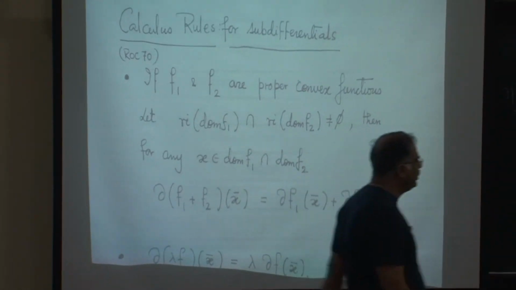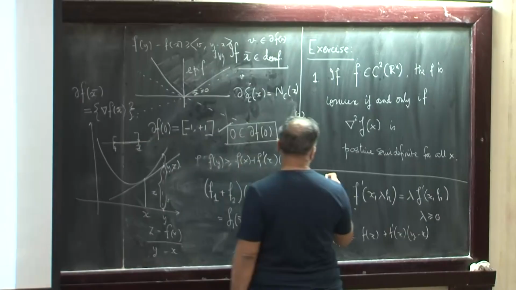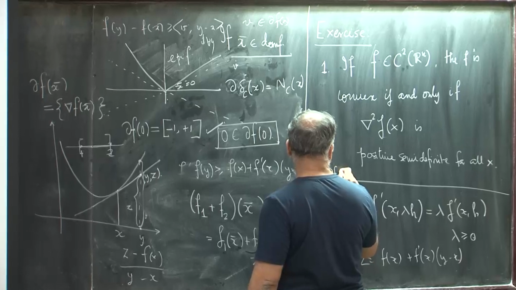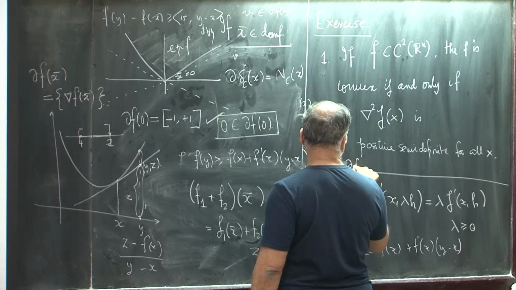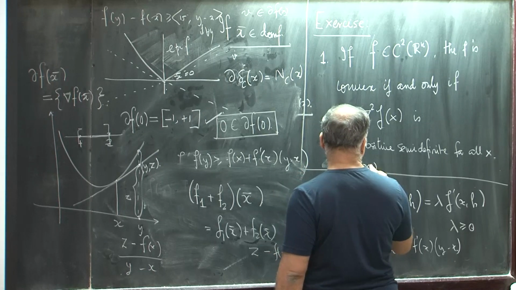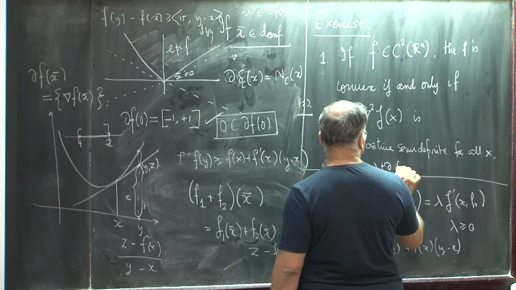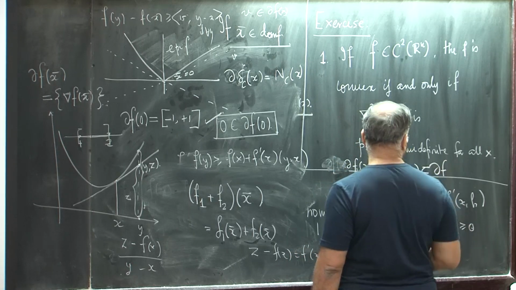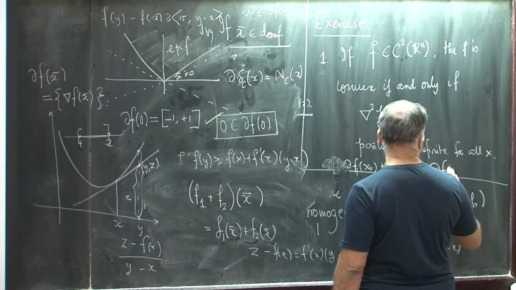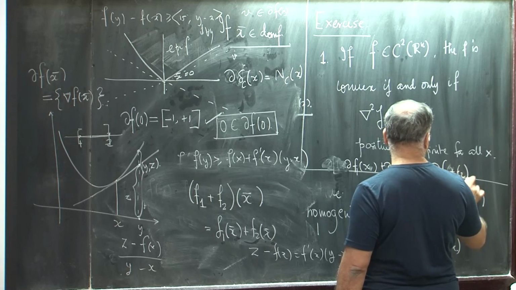See, in general the following thing is valid: del f1 of x plus del f2 of x is a subset of del of (f1 plus f2) of x.